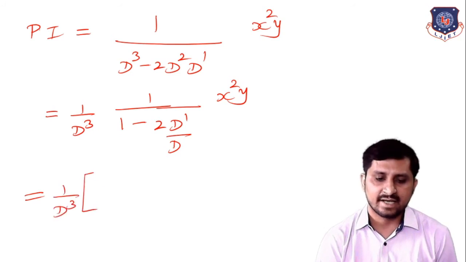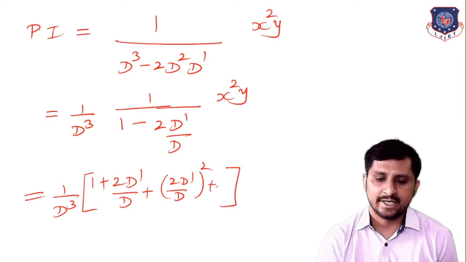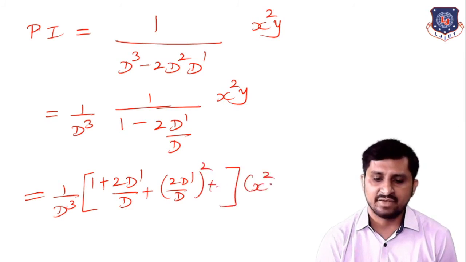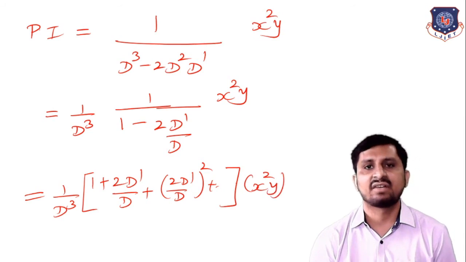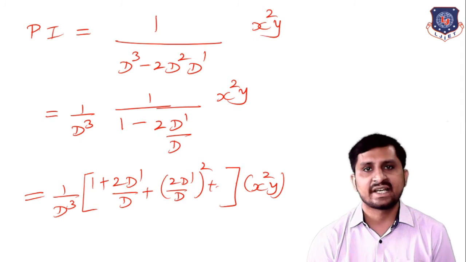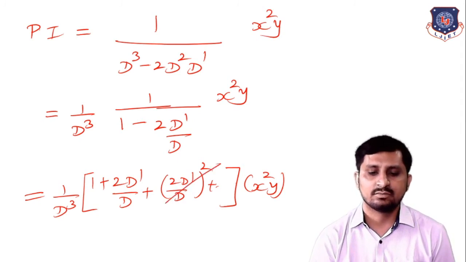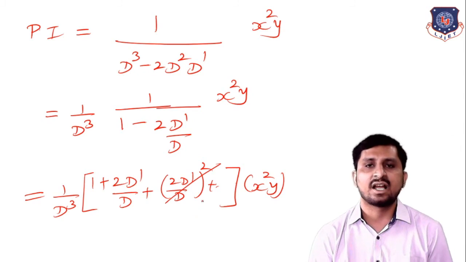Now this term I can write as 1 plus 2 D dash by D plus 2 D dash by D whole square and so on, into x square y. And we know that differentiation of x square y with respect to y, only the first differentiation is possible. From the second differentiation, all the terms you will get 0. So all these terms' values are 0.